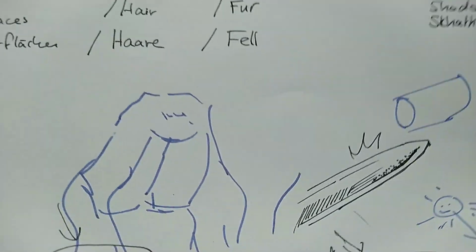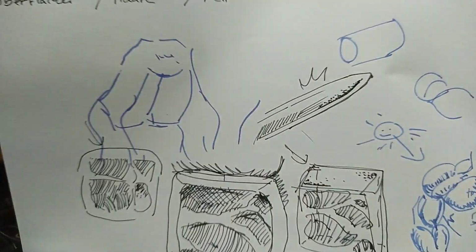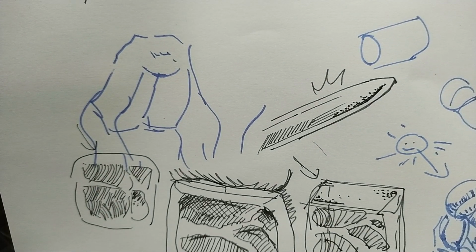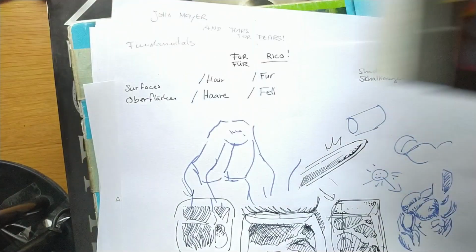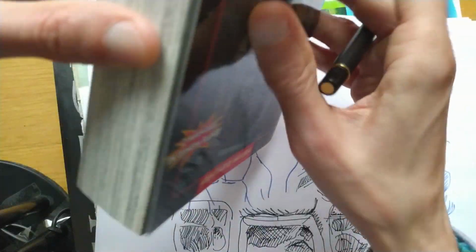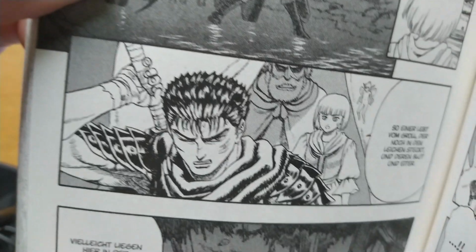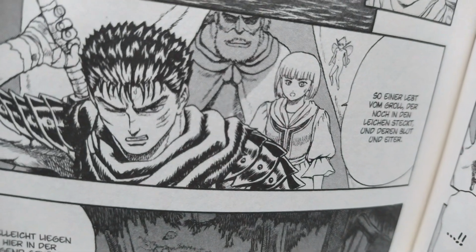I will show you in a second a bit better here. You see there are many ways to do this, and therefore it's good to see what surfaces my heroes do and how they do that.